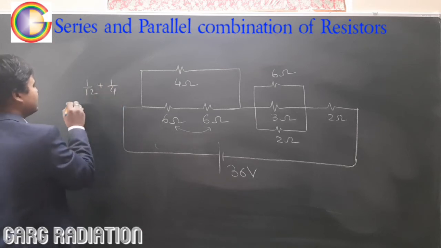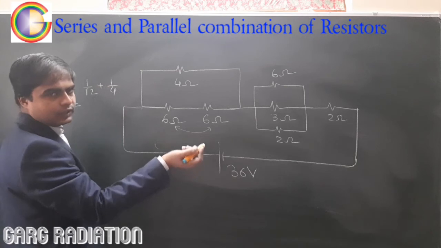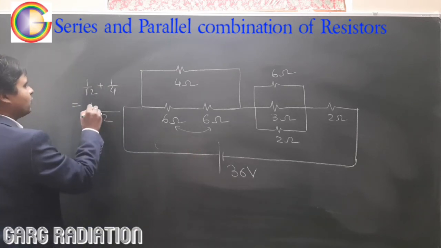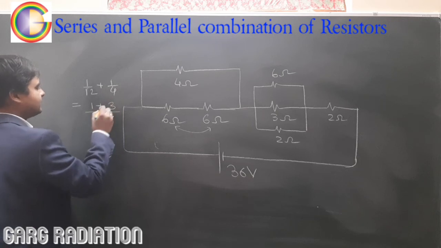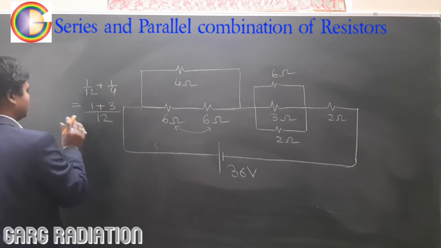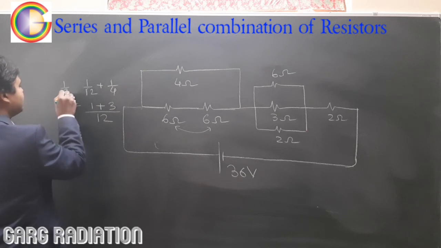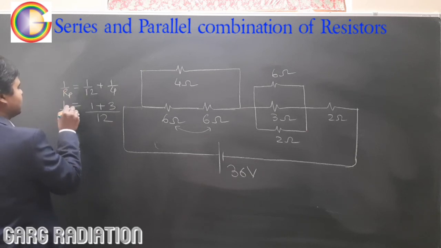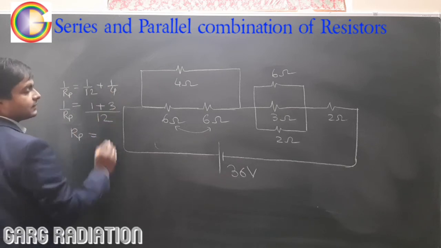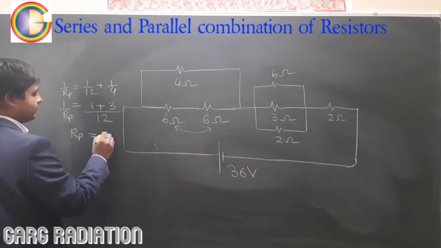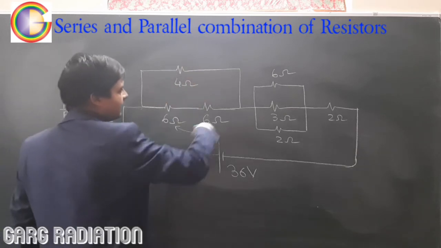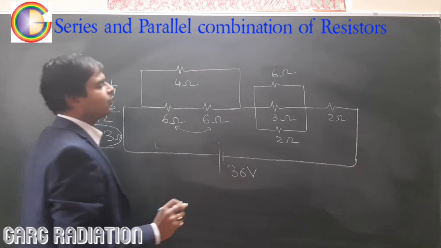We can directly use R1 R2 by R1 plus R2 also. 12 is the LCM, 1 plus 3, so it becomes 4. So this is 1 by RP. RP is 12 upon 4, means 3 ohm. So here this entire resistance is simply 3 ohm.